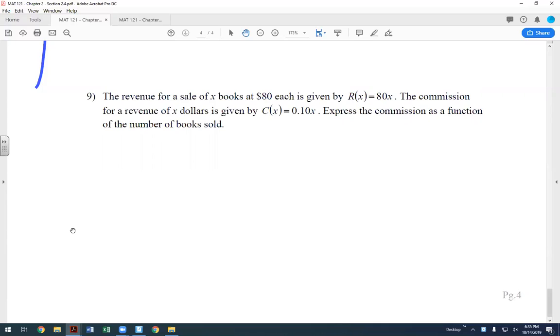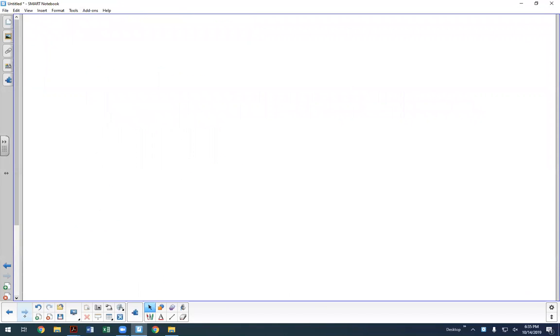If you did 10% for every book sold, and $80 comes in for each book, 10% of 80 is going to be $8. Yeah, so you're actually going to take the revenue function and put that as the input for the commission function, because revenue is based on the number of books and we want to rewrite commission based on the number of books. So this was number 9.